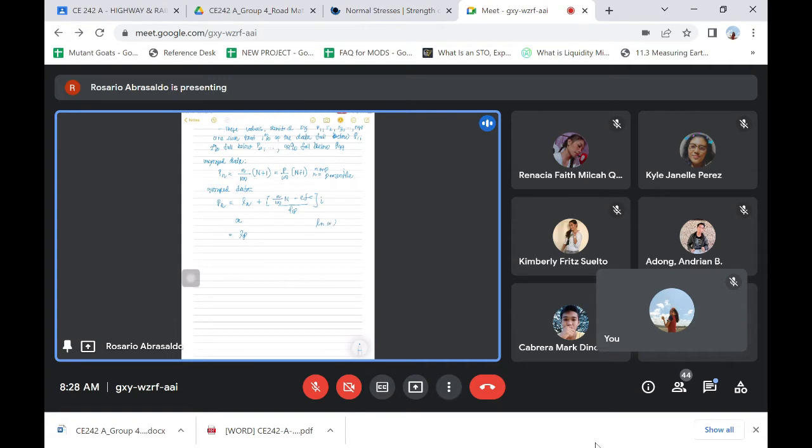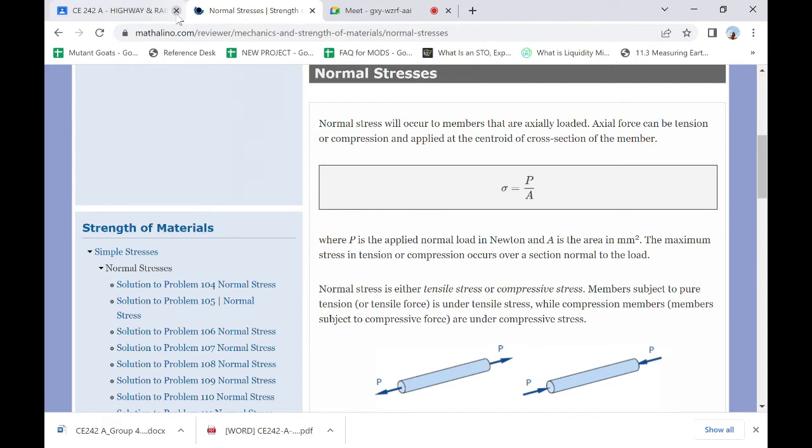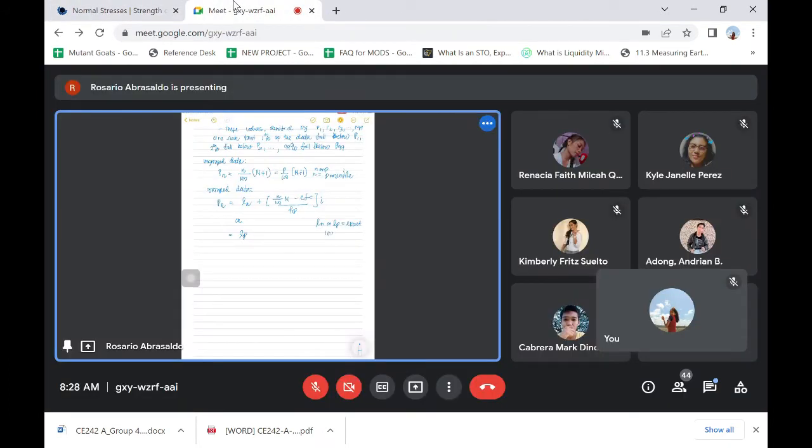L sub n or L sub p, this is the exact lower limit, exact lower boundary limit, of the percentile class.